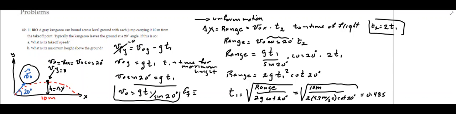Well, with this time t1, we're ready to find v sub 0.